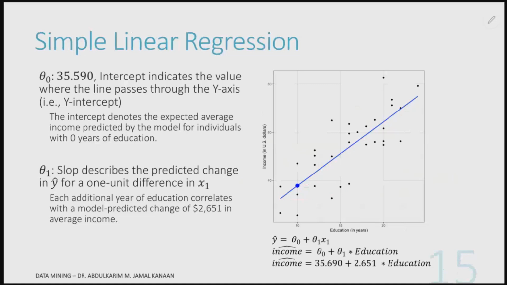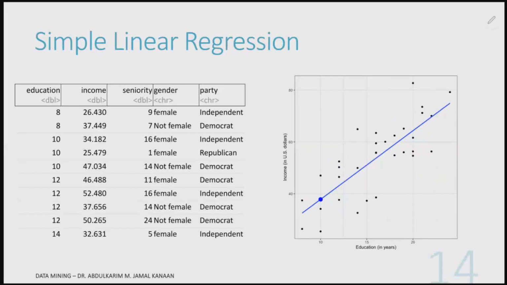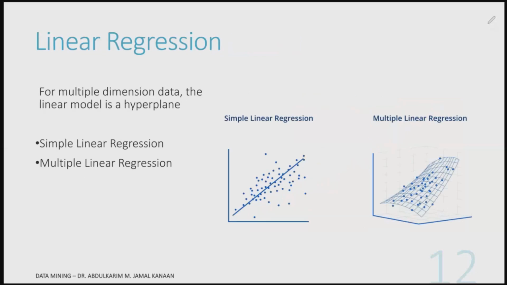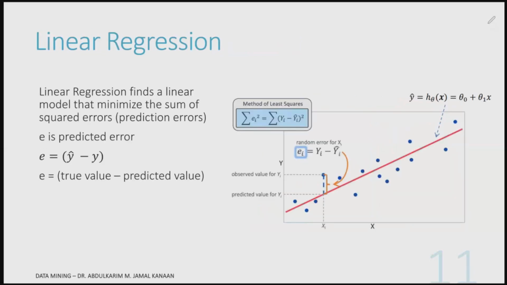So we find the line that yields the lowest error. So we calculate the error. So let's say we find multiple lines.